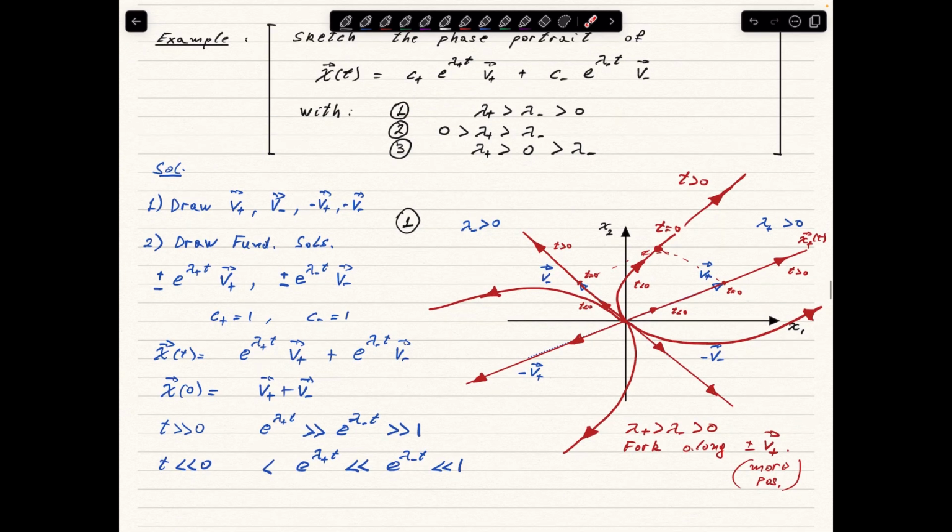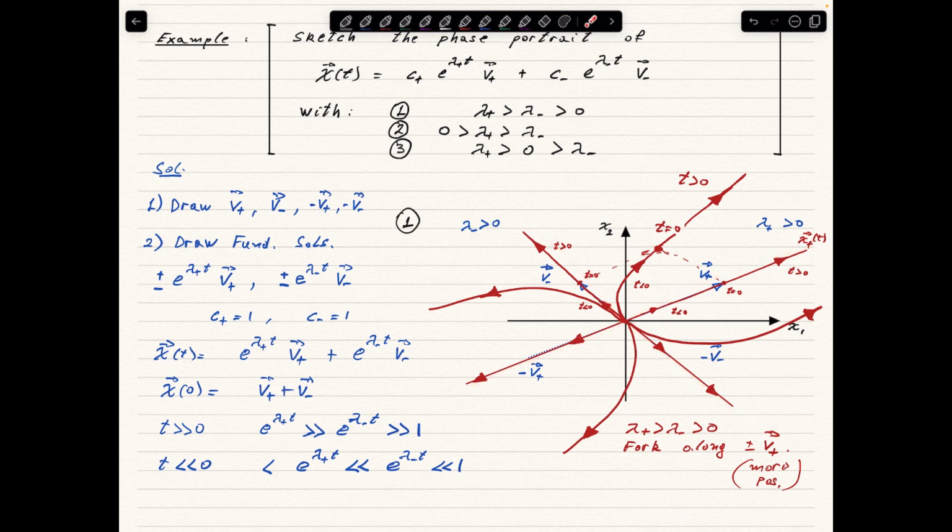So in this case, case 1, lambda plus is bigger than lambda minus. So what do we do to find this picture? We draw the eigenvectors, the negatives of the eigenvectors. Then we draw the fundamental solutions.